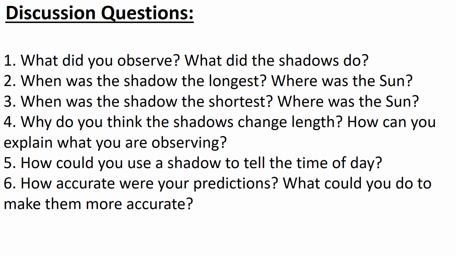The sun appears from the east and sets in the west, and at these two times the sun is always at its lowest height in the sky. So when the sun is at its lowest height, the shadow will be the longest one.